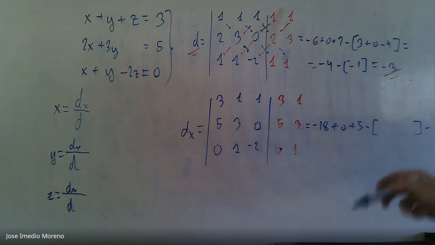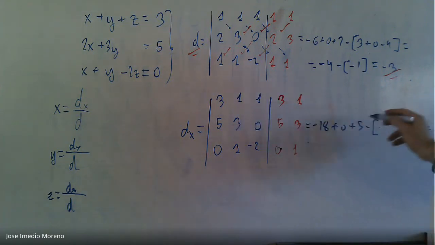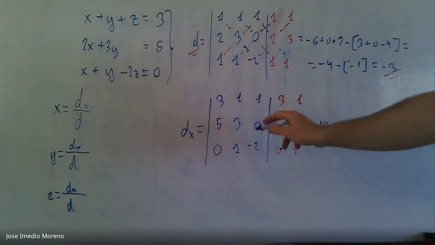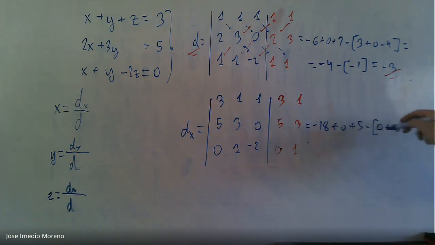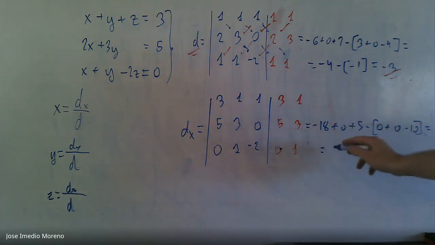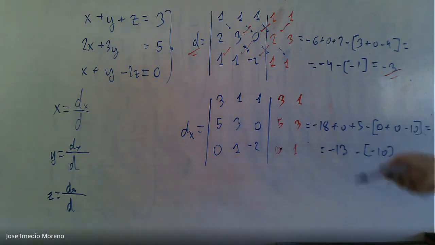And then the secondary diagonals. 1 times 3 times 0 is 0, 3 times 0 times 1 is 0, and 1 times 5 times minus 2 is minus 10. This gives me minus 13 minus 10, so minus 13 plus 10 is minus 3.